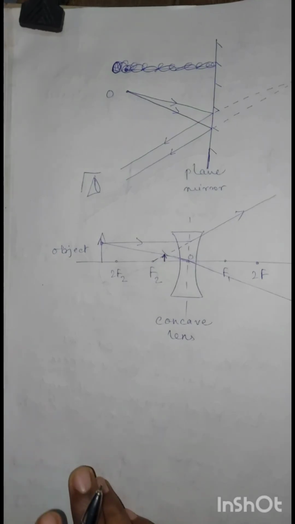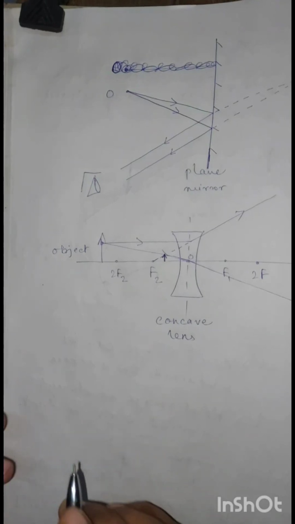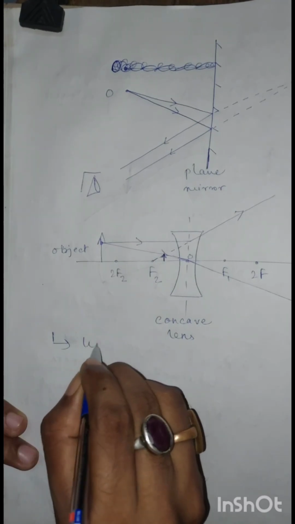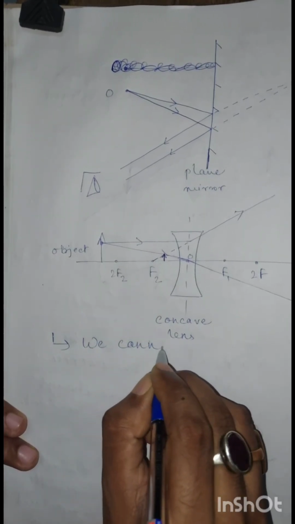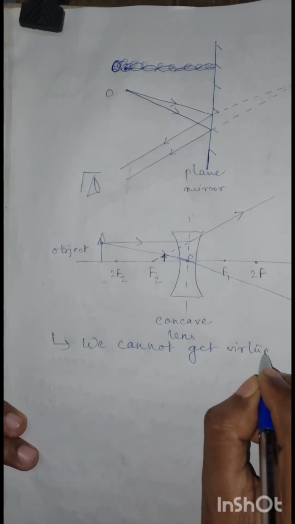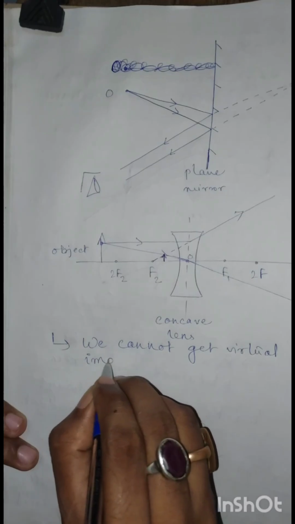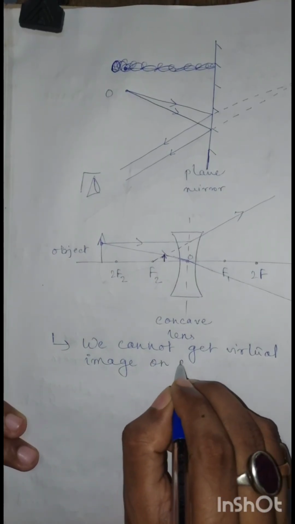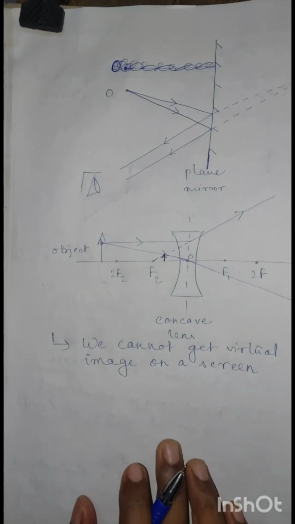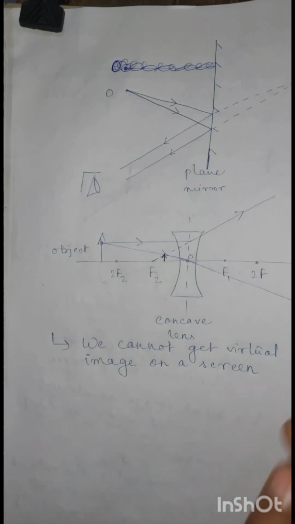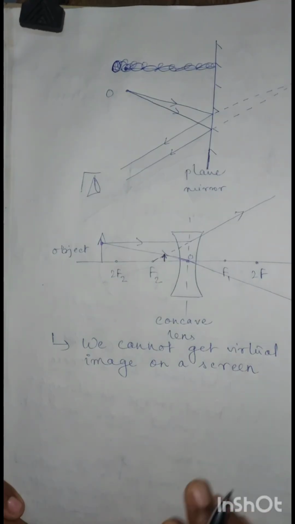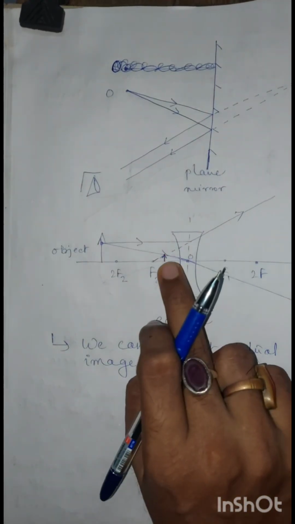So two points to be remembered. We cannot get a virtual image on a screen. If we place our eye somewhere like this, we can see this image.